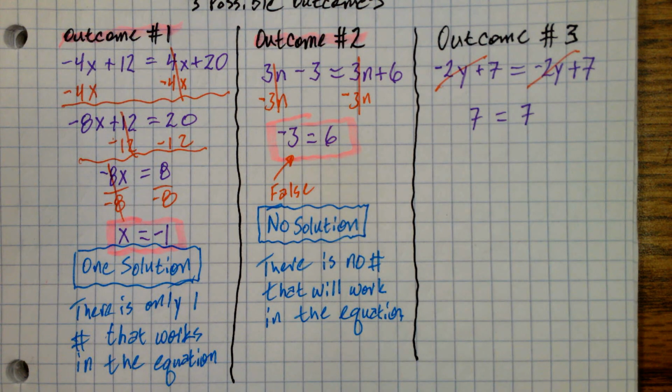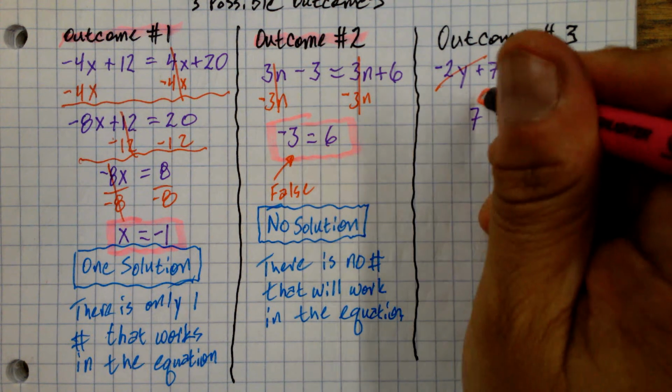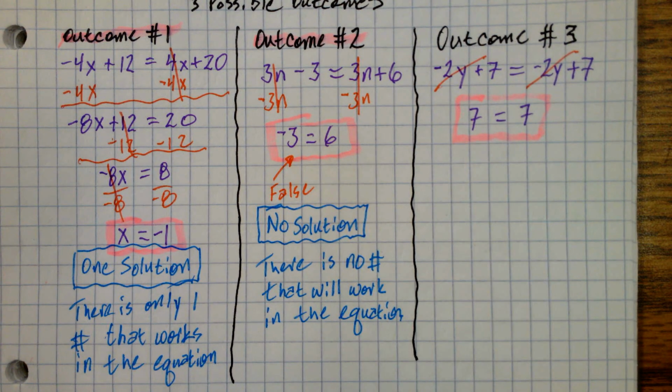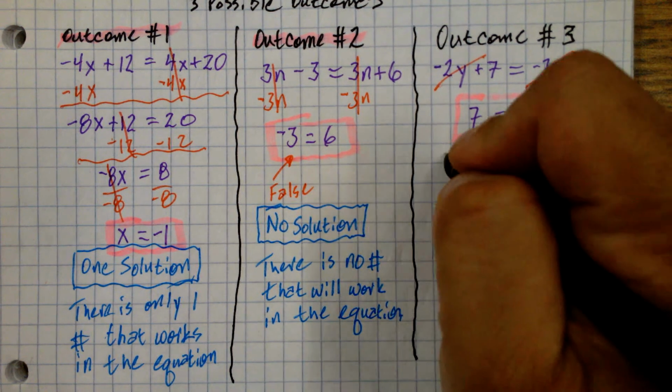That's called an identity. And whenever you end up with the same value on both sides, that means we have infinite solutions because this is true.